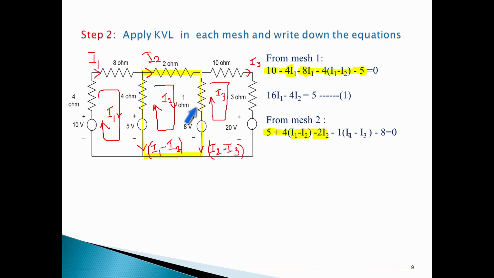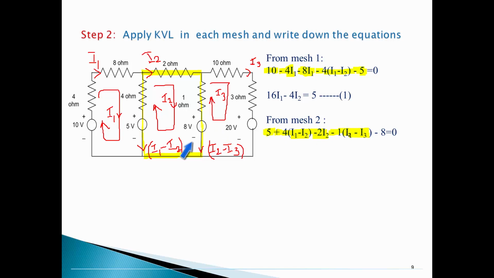Then moving further, I have a 1 ohm branch. On this 1 ohm branch, the current flow is I2 minus I3 according to my direction, that is downward. The direction of this I2 minus I3 and the direction of the loop current are both the same, so minus. The drop is 1 times the branch current, 1 into (I2 minus I3).